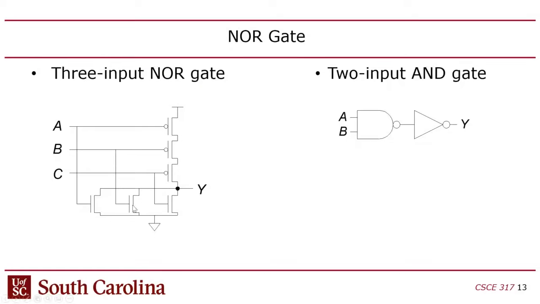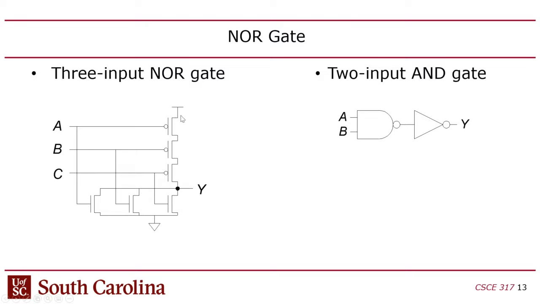The source terminals of these nMOSs in the pull-down network are wired directly into ground, so obviously the source terminals here will have the lower potential. However, if you look at the PMOSs in the pull-up, they're connected in series. So the source terminal on each of these individual PMOSs is on the top, but it's not necessarily connected directly to VDD, but it is connected to a higher voltage potential.